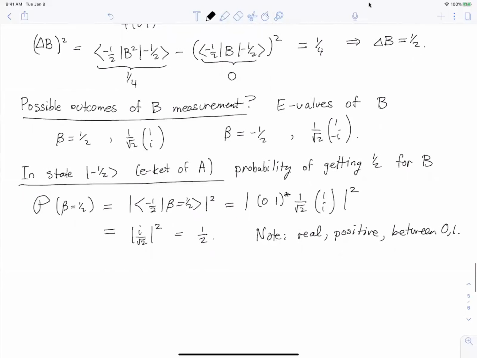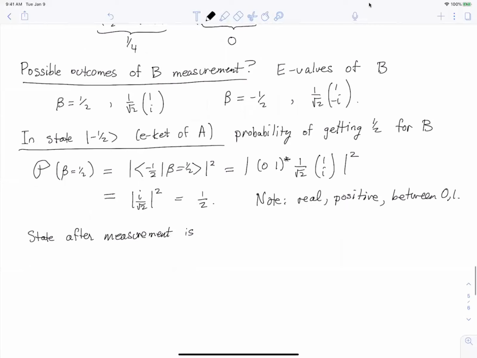Okay. Now, if you're in the state minus 1/2, that's an eigenket of A, and you did get the probability 1/2 for B, then the state after the measurement is going to be the following. It's going to be the projector onto beta equals 1/2.